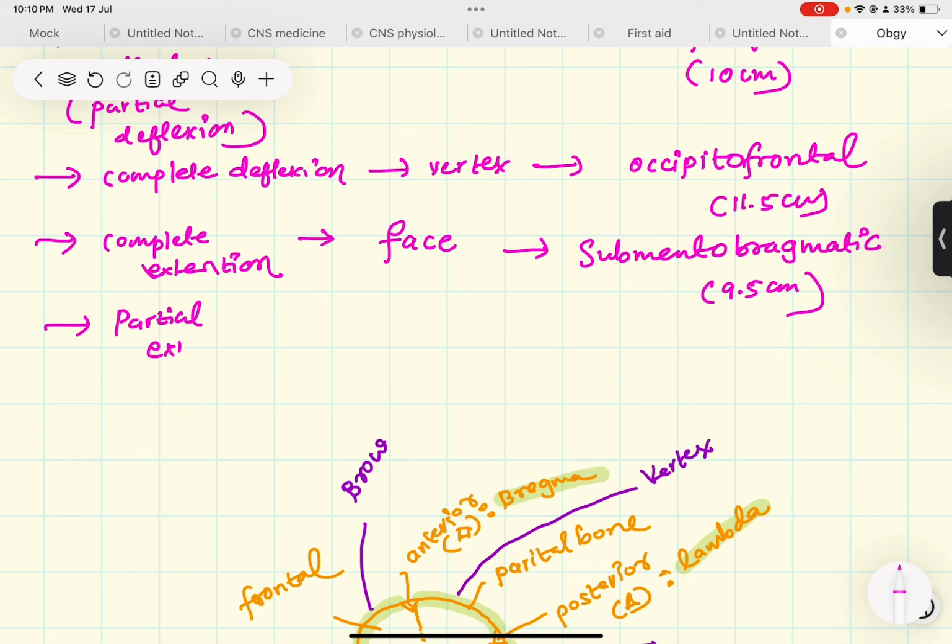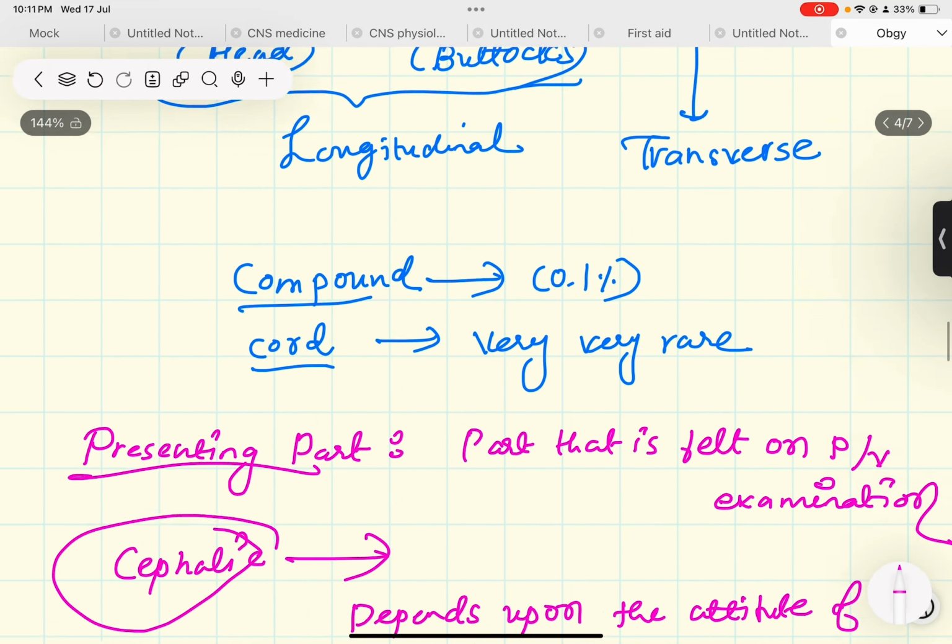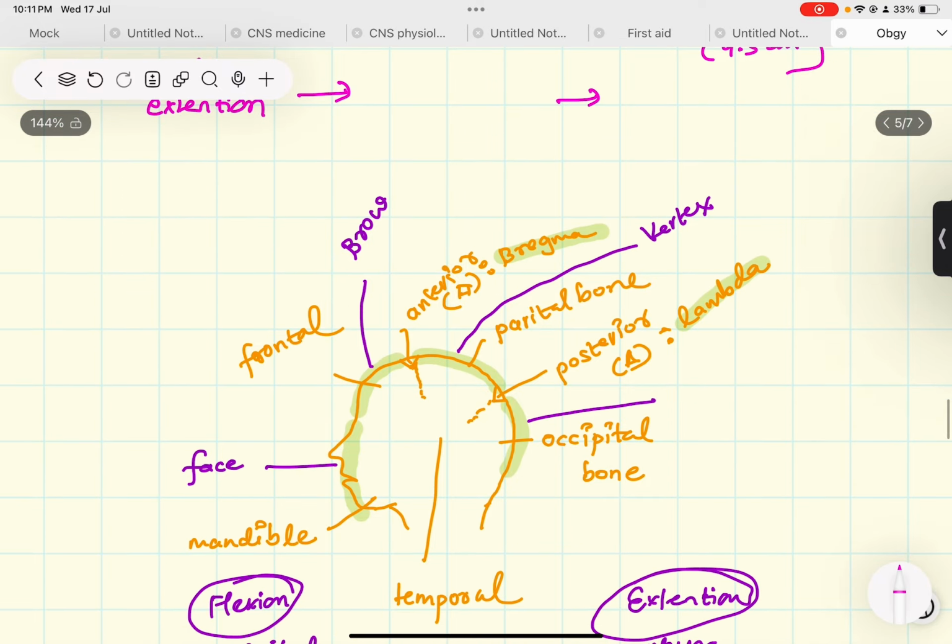Partial extension, that is face only, I think. I have to check this part.